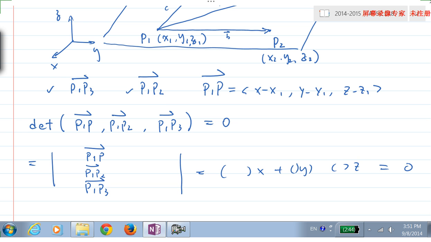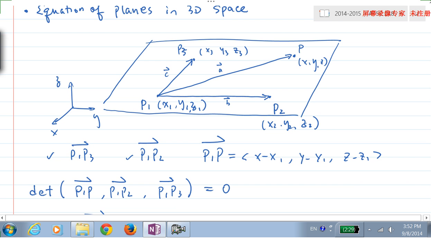So what comes out of this determinant is an equation in terms of x, y, z. Now this equation is exactly the equation that describes all the points on the same plane, defined by the 3 points here.